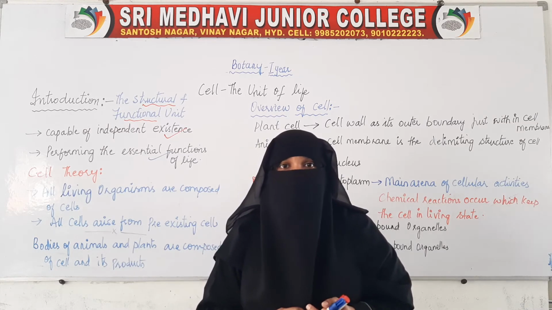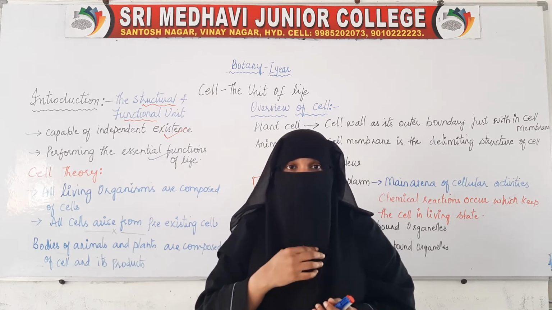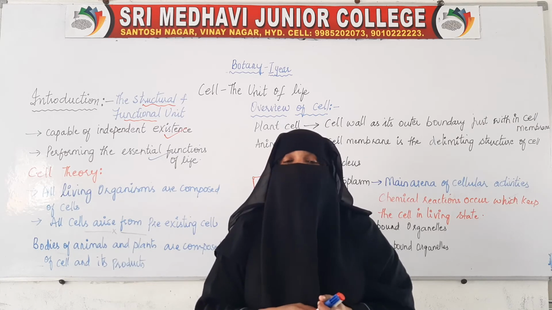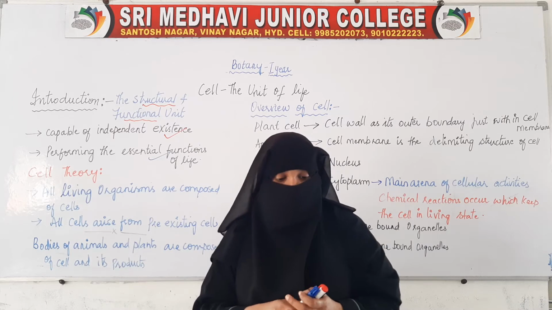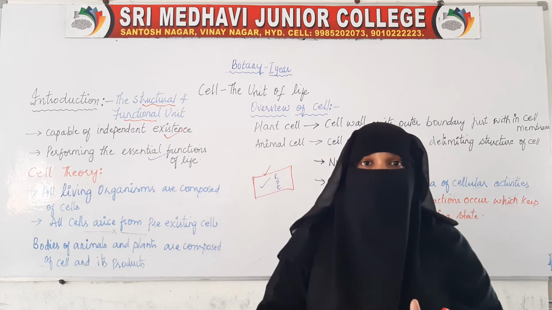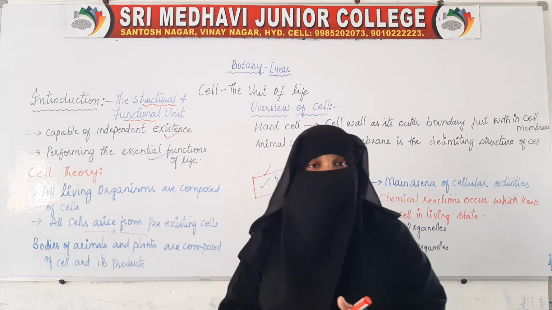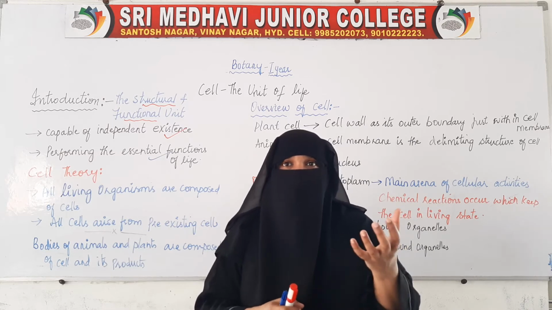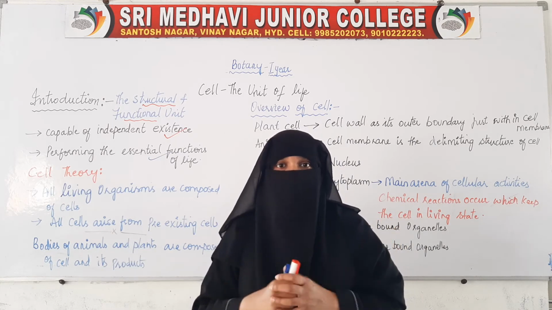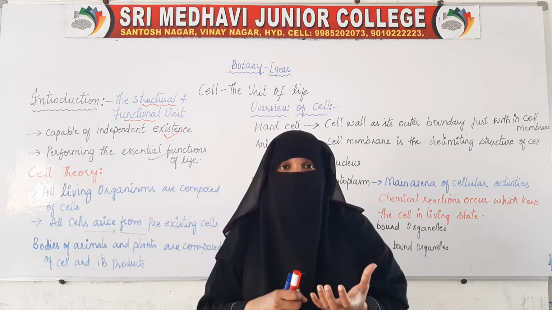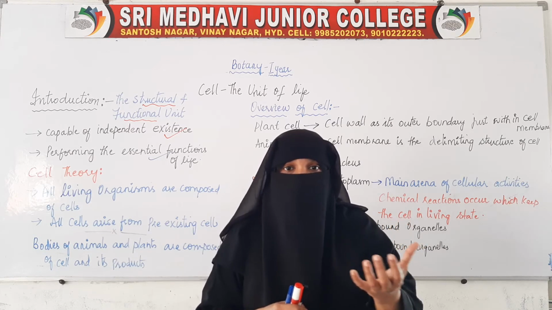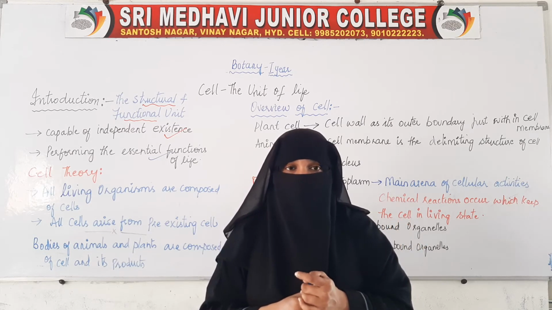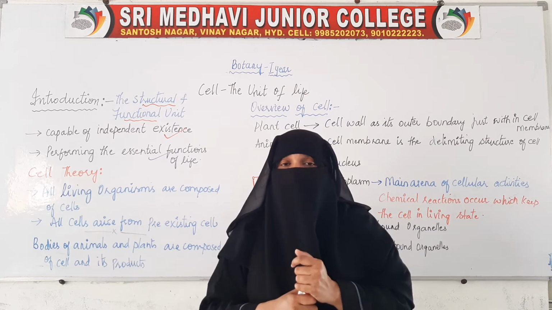Antony von Leeuwenhoek discovered the cell in living organisms. He was a microbiologist. He used to make microscopes. With the help of that microscope, he was able to see things which are unable to be seen with our naked eyes.